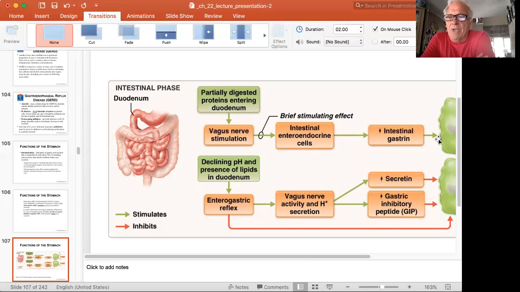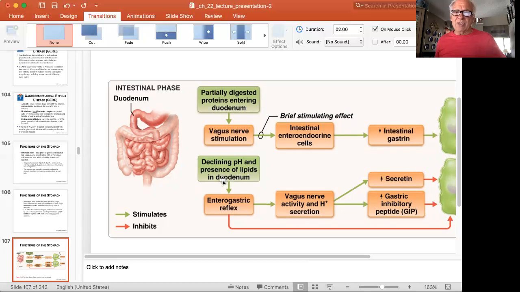So again, even the small intestine doesn't do a lot of digestion of protein, but it does do some. Now, when you produce intestinal gastrin, you increase hydrogen ion concentration, which causes the pH to decline or get more acidic.